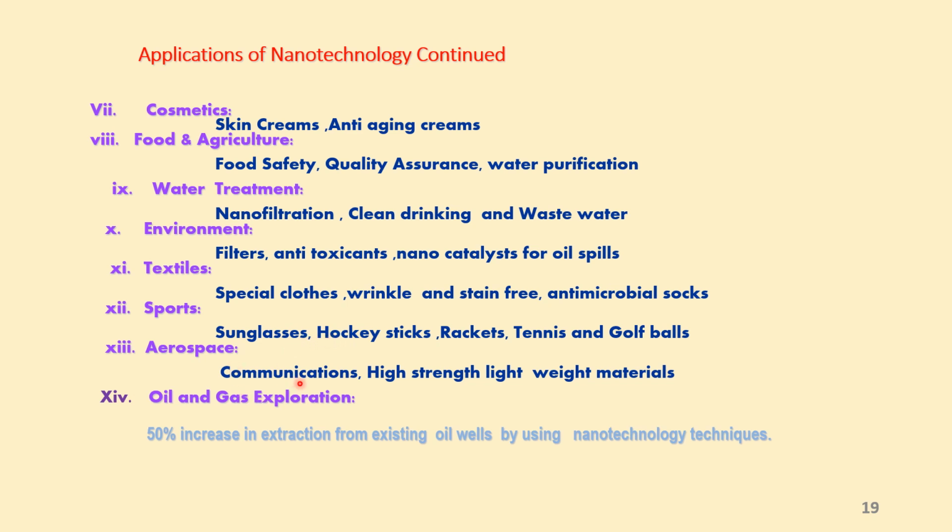In aerospace industry, it is used for lightweight materials and for making good strength materials, or for communication purposes also in aerospace industry, nanomaterials are used. And in oil and gas industry, most of the oil wells, for the extraction, nanotechnology is used.